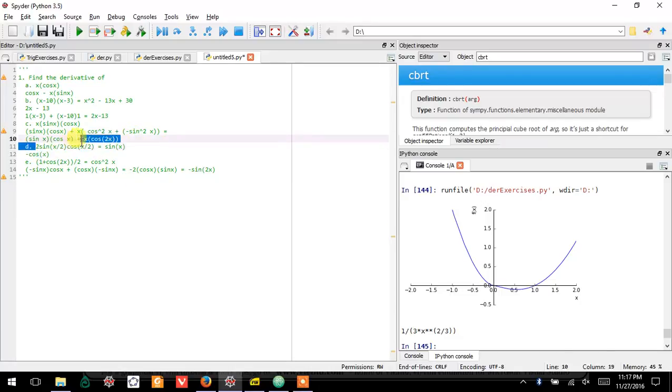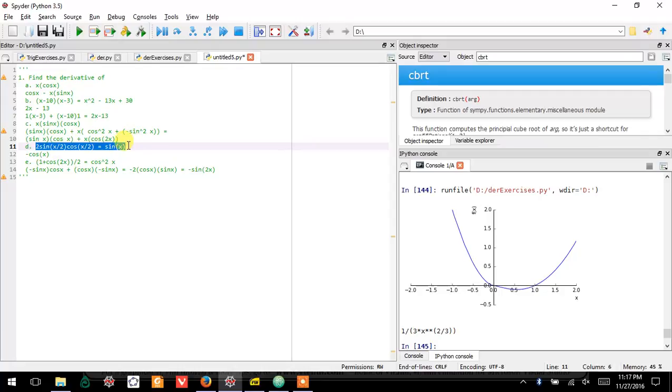Here, the relevant trig identity is 2 cosine x sine x, or 2 sine x cosine x, whichever order you say it in, is equal to sine 2x. Well, if you basically keep that identity but replace x with x over 2 if you like, or call it theta and replace theta with x over 2, however you tend to see it, this equation will be the resulting identity.